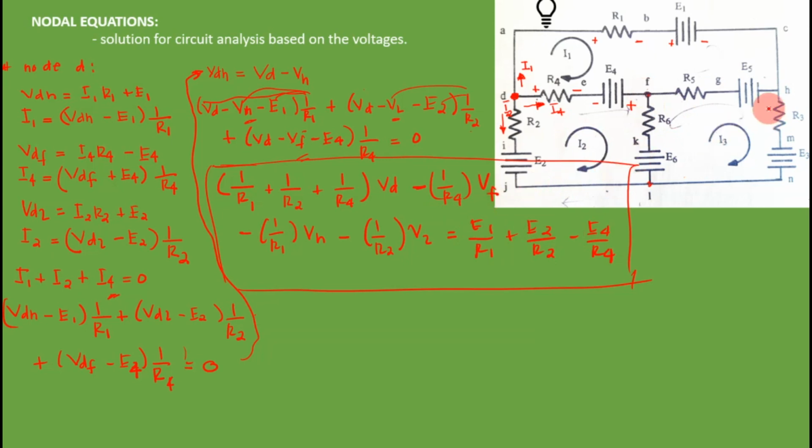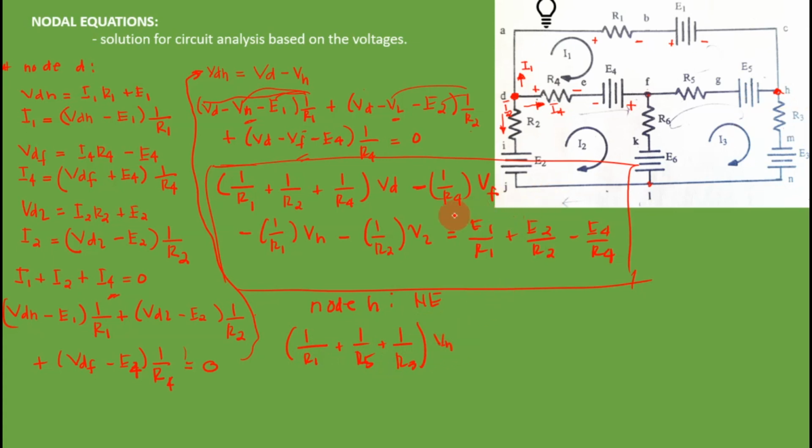Or just to show you, for example, I take this one. Right away I can get my nodal equation at node H. What are my resistances? You have R1, R5, and R3. So I just have to say (1/R1 + 1/R5 + 1/R3) multiplied by the voltage V_H.